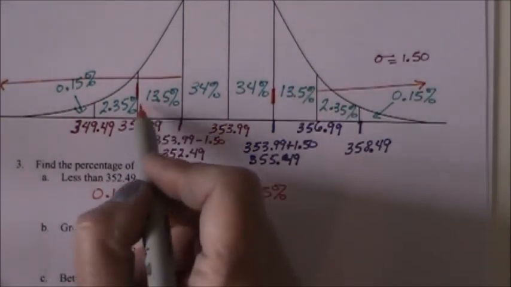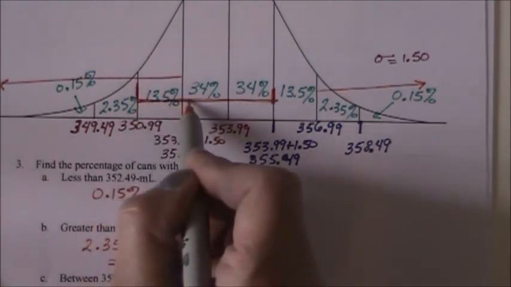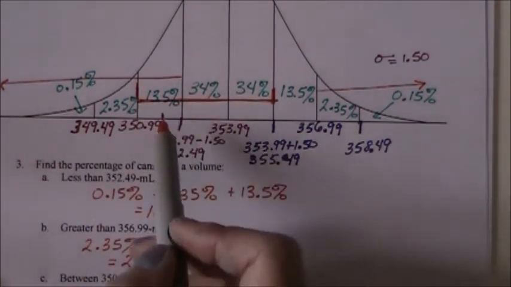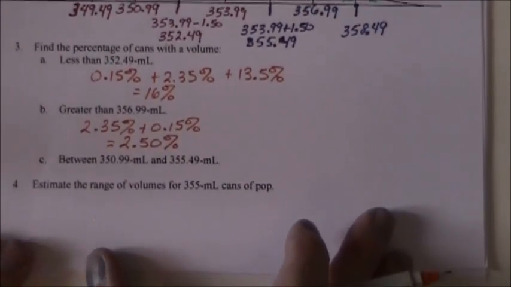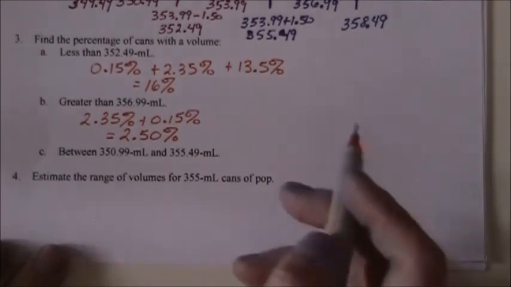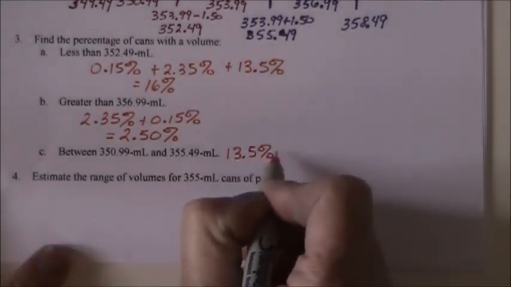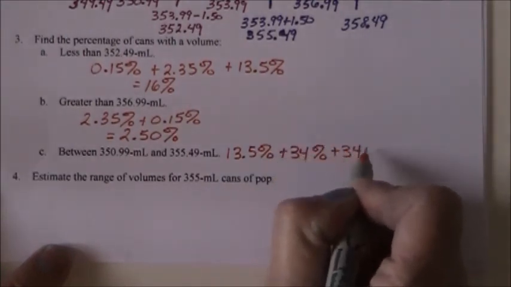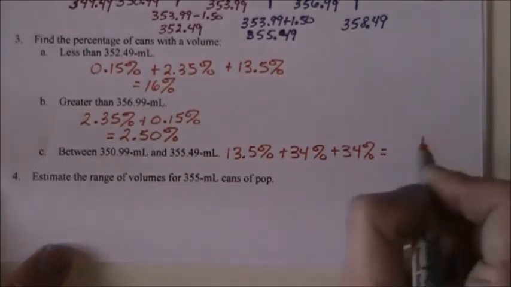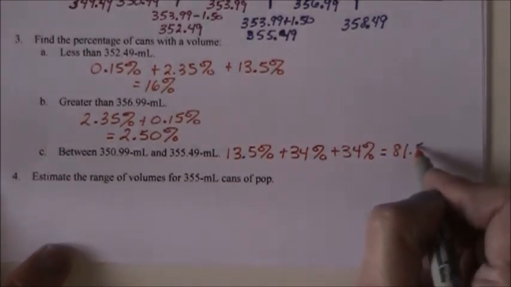And so we're looking at the volume between them. So that means all 3 of these sections will need to be added together. And as we go to do that, we get 13.5% plus 34% plus 34% for a total of 81.5%.